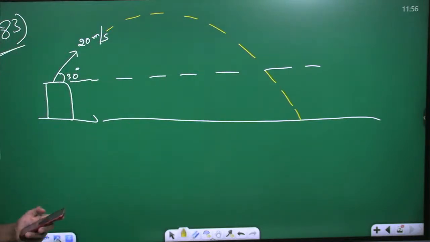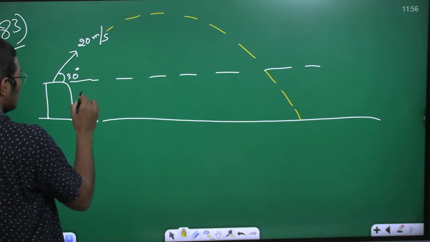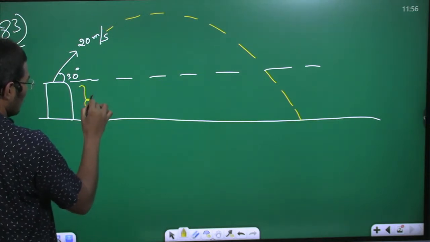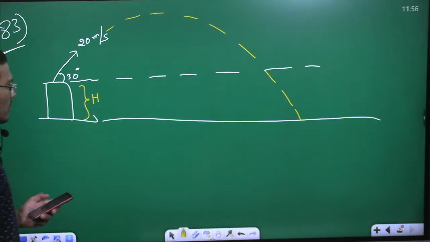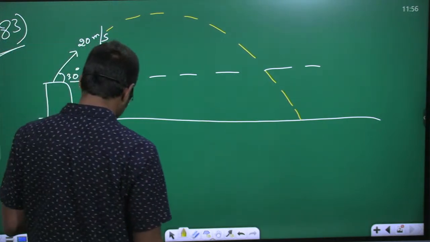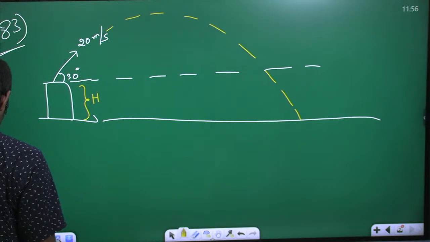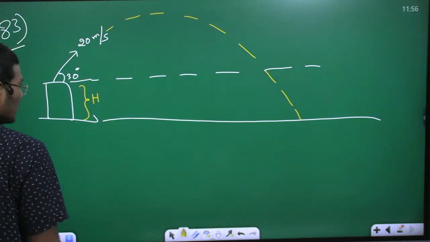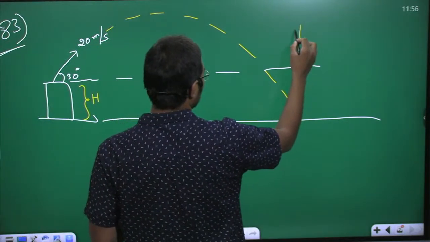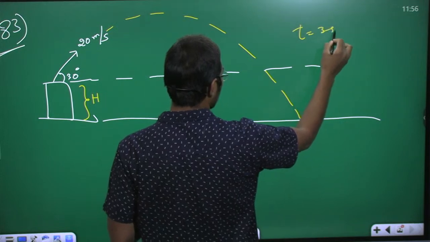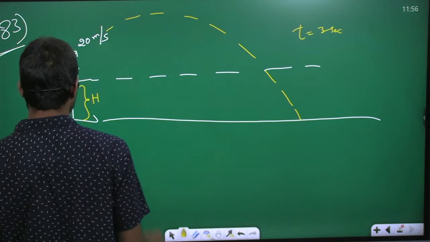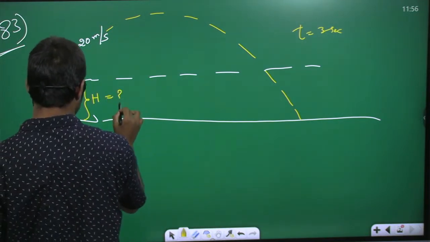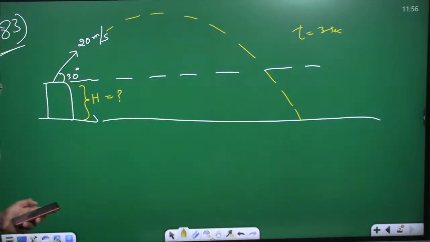Now the ball is thrown up from a height h. The time taken for the ball to strike the ground is 3 seconds. The question is, what is the height of the building? So how do you solve?